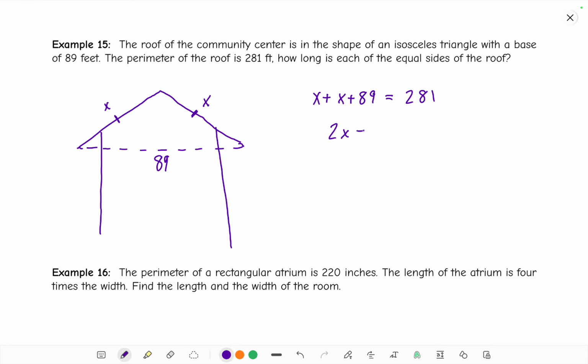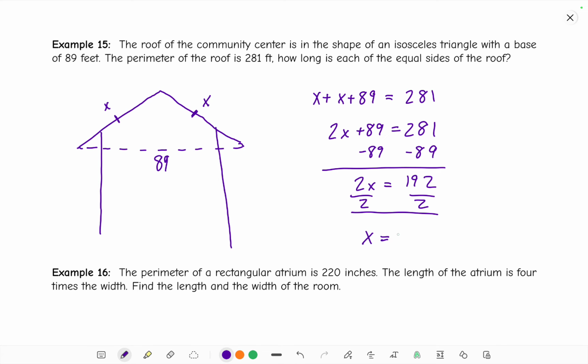Combine like terms, we get 2x plus 89 equals 281. Subtract 89 from both sides. We get 2x equals 192. And then divide by 2. We get x equals 96 feet.